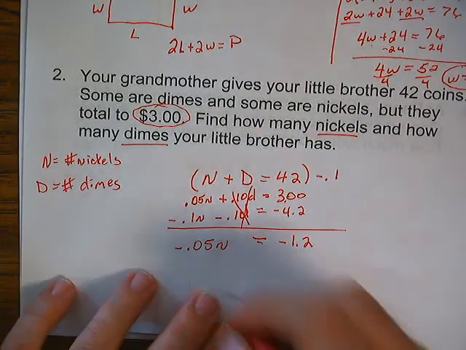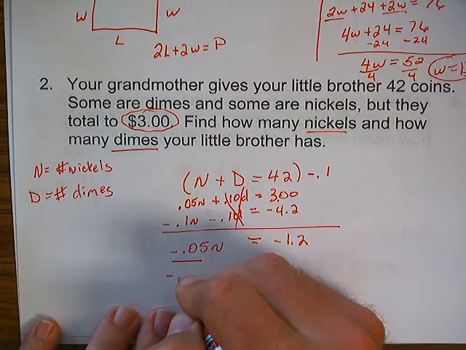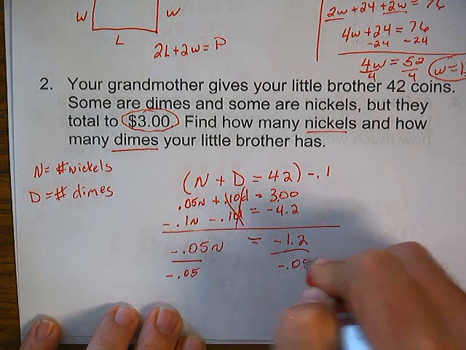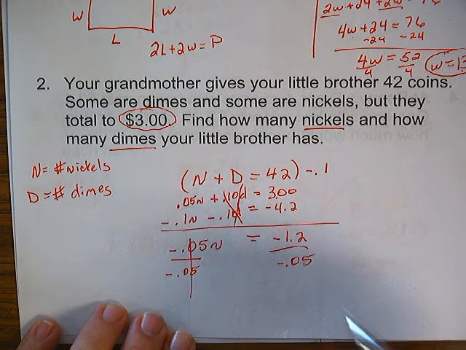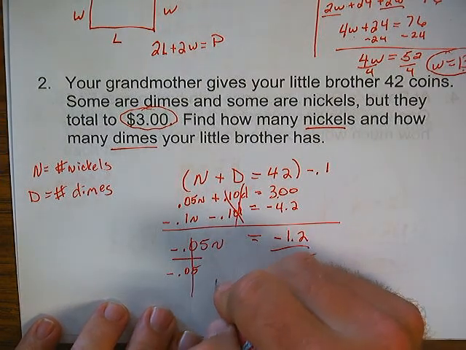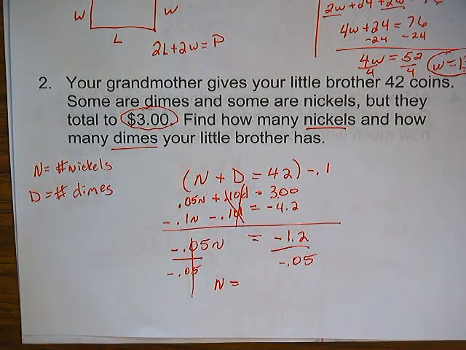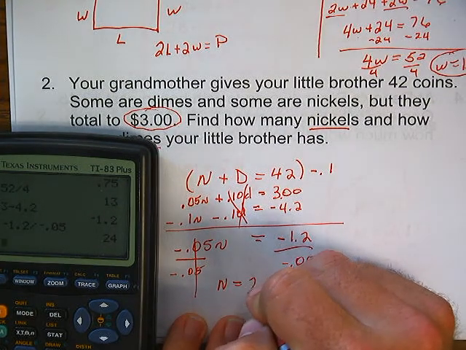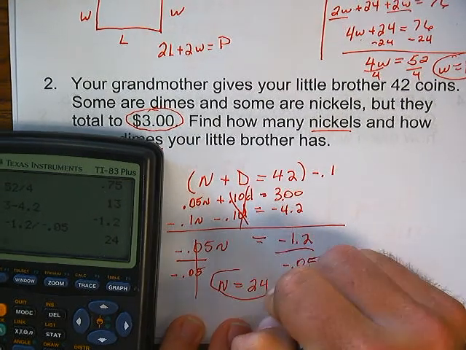Now to solve for N, I'm just going to divide both sides by negative 0.05. Negative divided by negative is a positive, so 1N equals negative 1.2 divided by negative 0.05, which is 24. So the number of nickels equals 24.